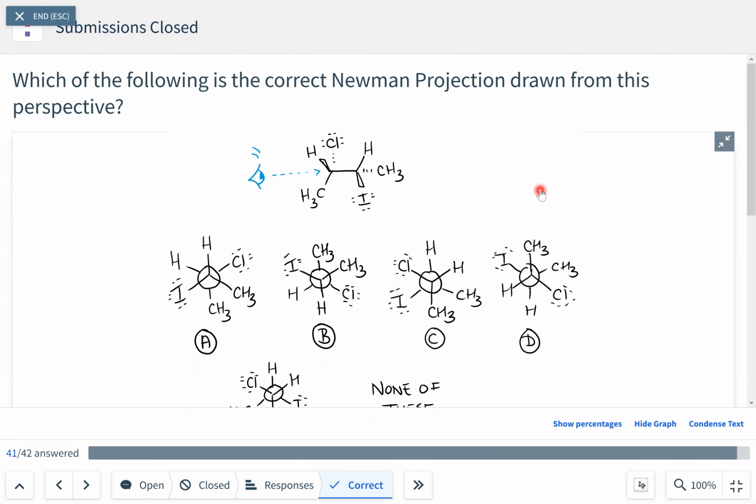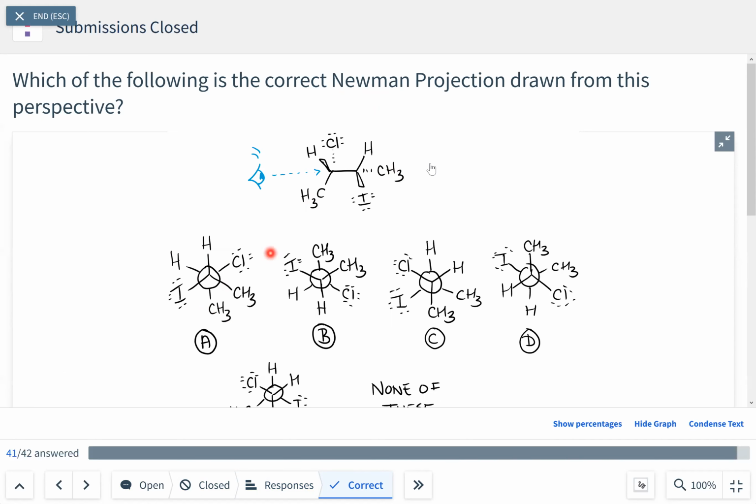A couple of these have been drawn. For example, A is actually the correct conformer if you were looking at it from this direction over here. If you were looking this way, A would be the correct one.